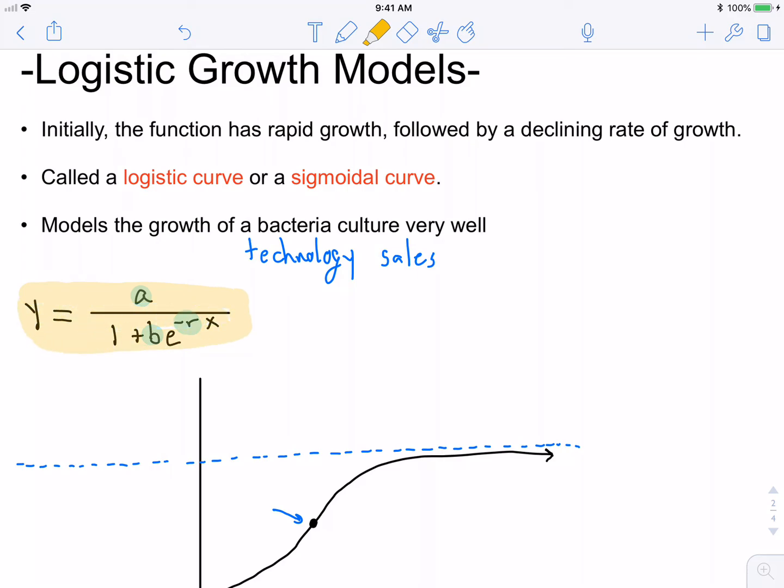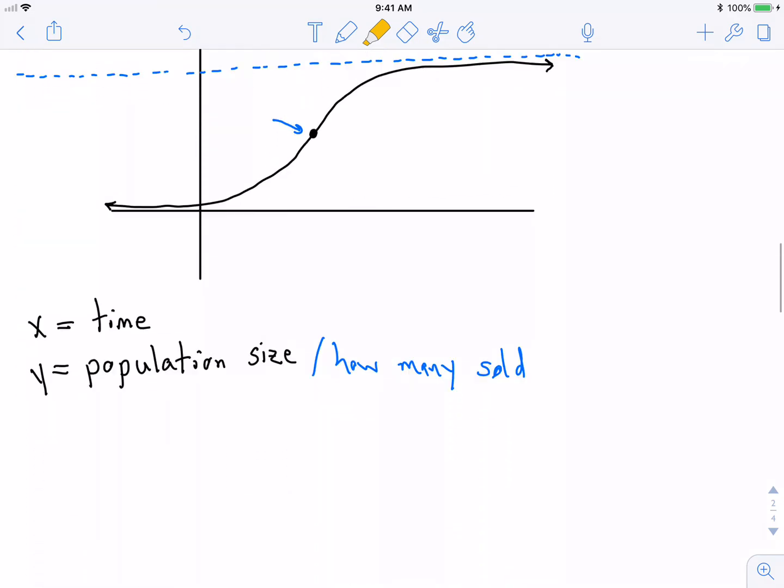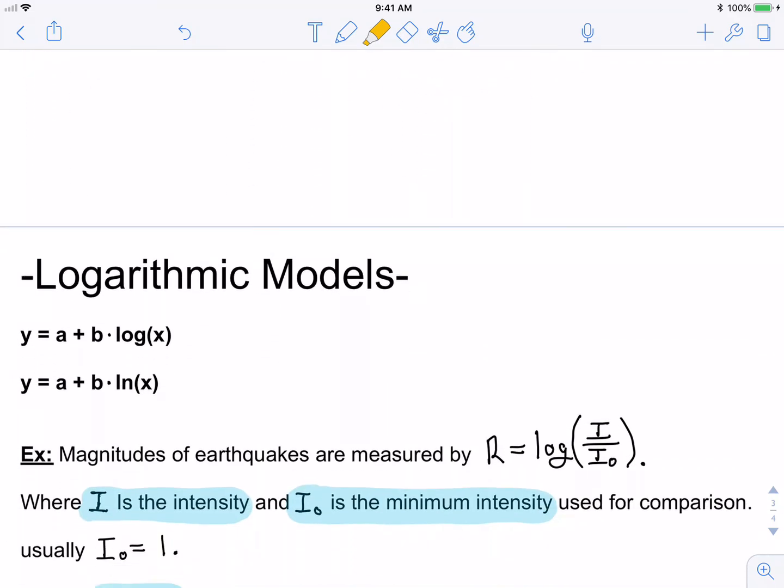So remember that this is a nice model of bacteria or technology, and it's sort of this weird S shape of rapid growth and then rapid decline. And then finally, and most importantly, make sure you remember the two logarithmic models, because these are the most simple and they come up quite frequently.